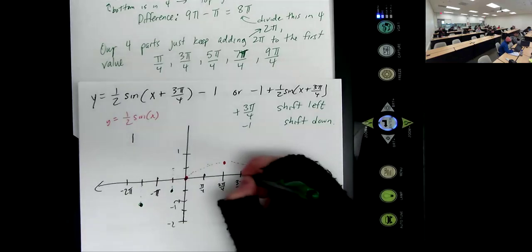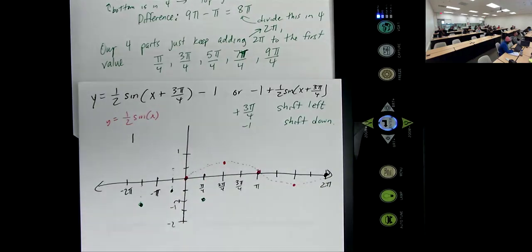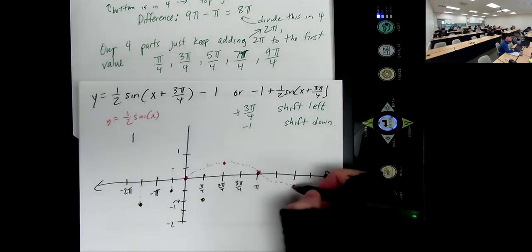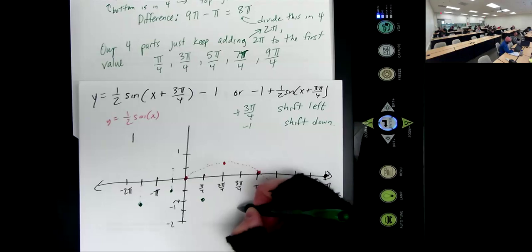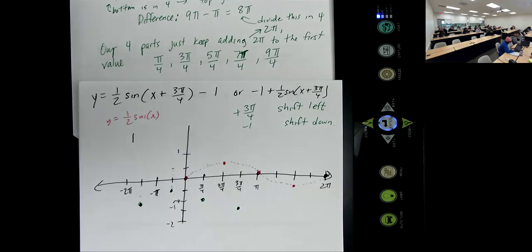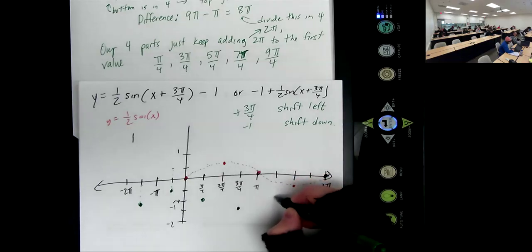This one goes left 3 pi over 4 and down 1, which is right there. That one goes left 3 pi over 4 and down 1, which is right there. Finally, that one goes 3 pi over 4 left and down 1, which is right there.